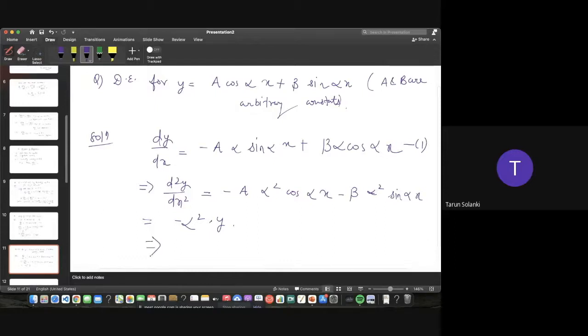So our equation becomes d²y/dx² plus alpha squared y equals 0. So this is the required answer.